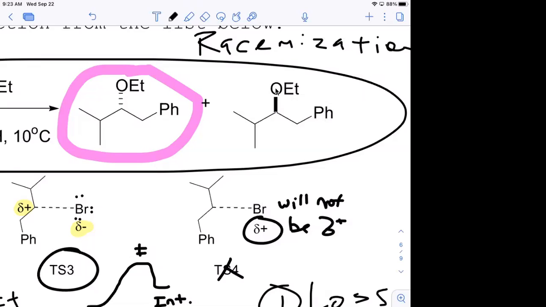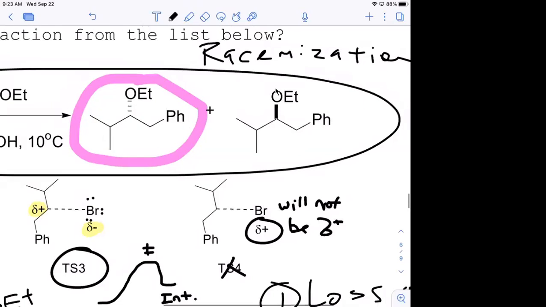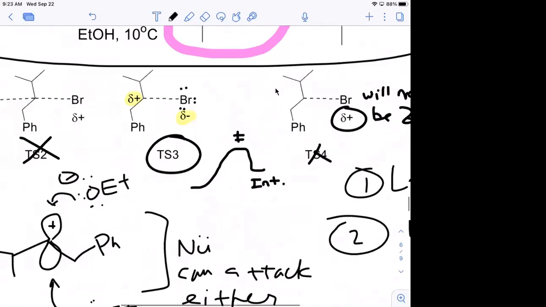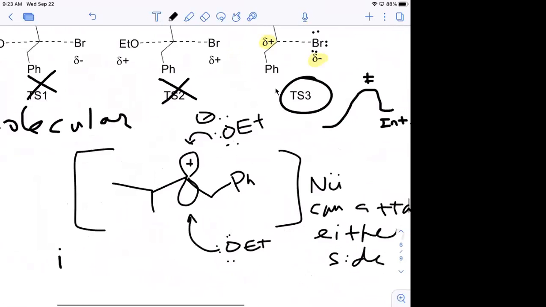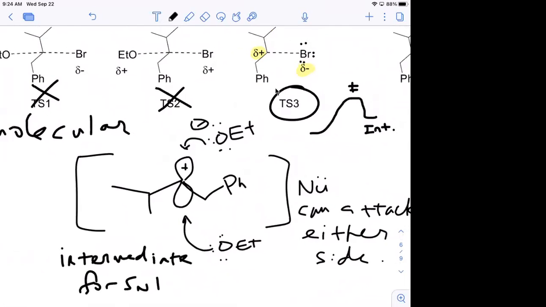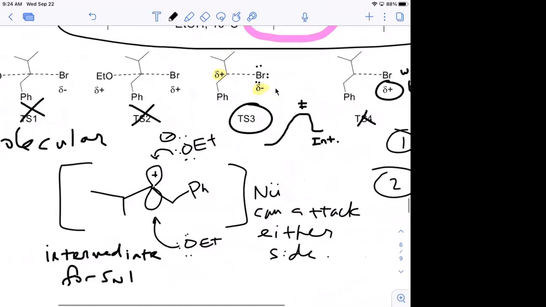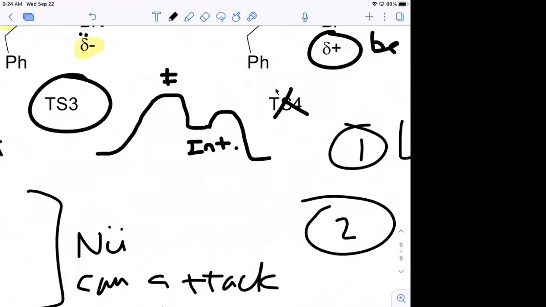SN1, you get racemization because the leaving group leaves first and you're left with a carbocation intermediate. That can get attacked by your nucleophile from either side, which I had shown down here. All right. Did that answer your question? Yes, it did. Thank you.